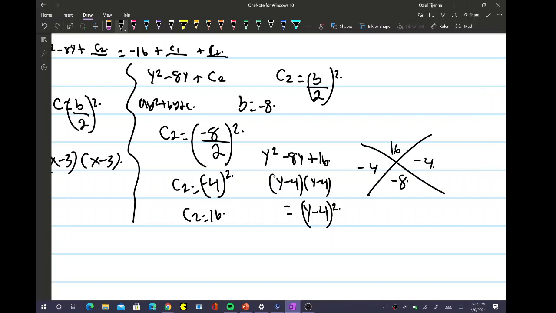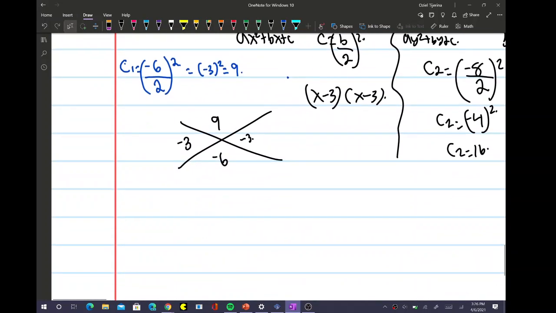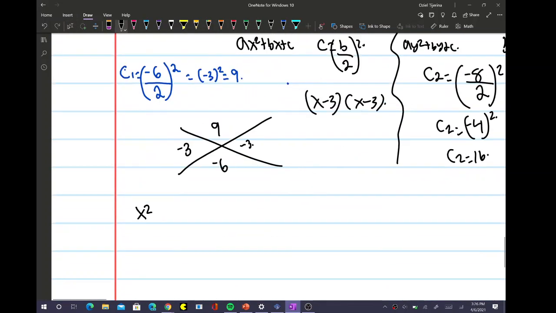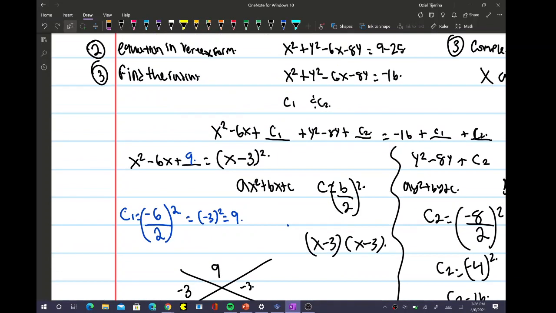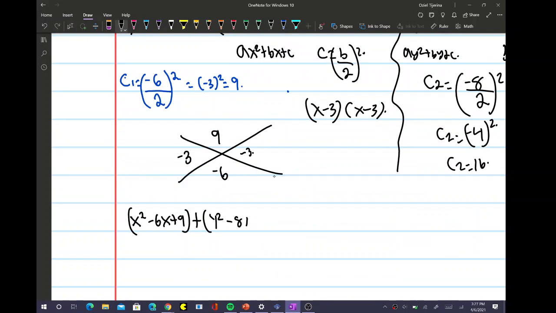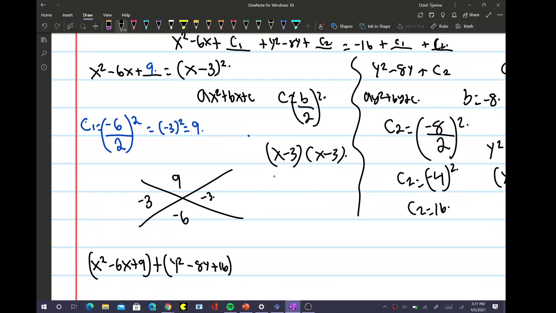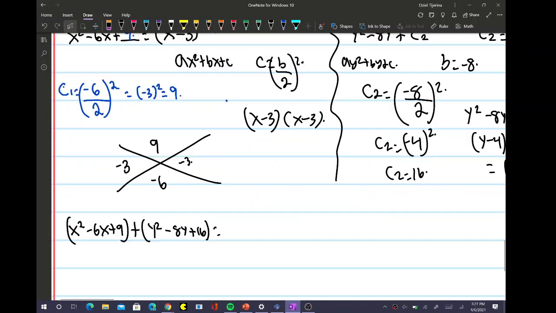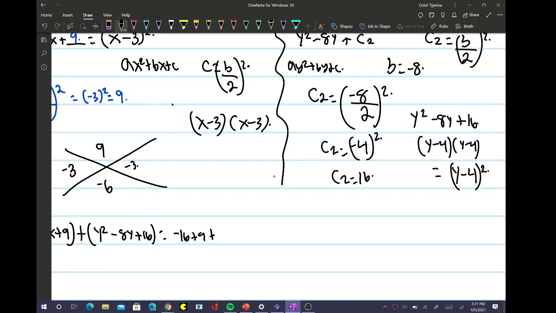So what does that tell us? Basically, now we have x squared minus 6x plus y squared minus 8y equals negative 16, plus the first value that we found, which was c1, 9, plus c2, which was 16.